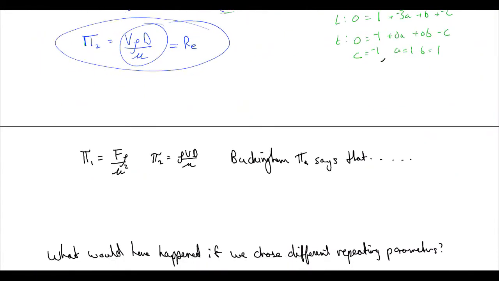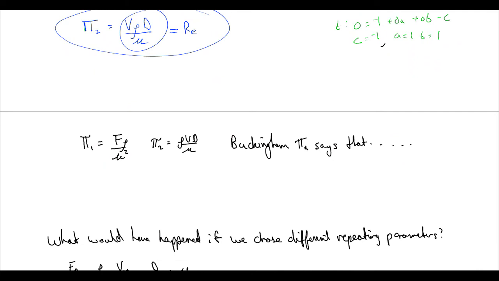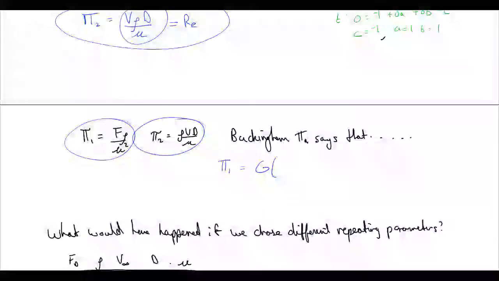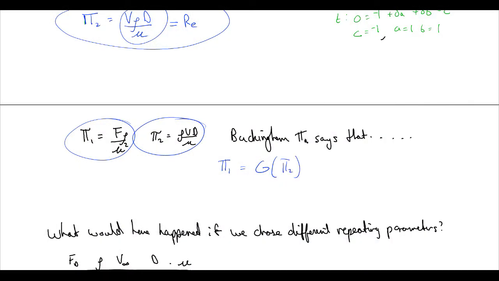So we have these two pi groups, and what does Buckingham Pi Theorem tell us? Buckingham Pi Theorem tells us that pi 1 is equal to some unknown function of pi 2. Or we could write this as F rho over mu squared is equal to some unknown function of rho v d over mu.